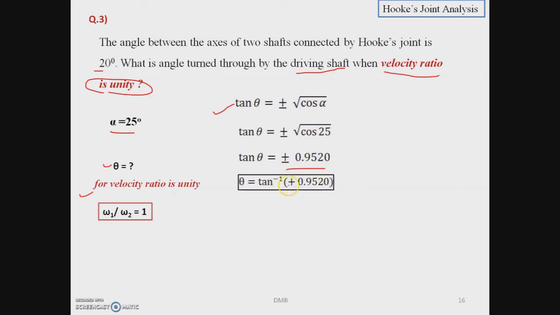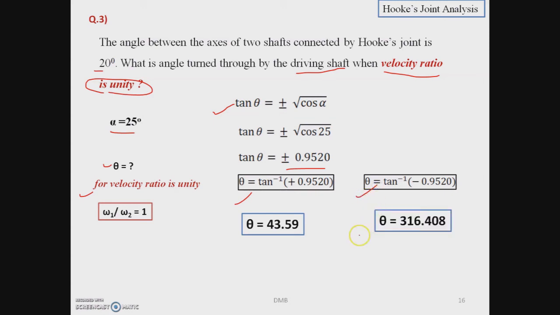So theta equals tan inverse of plus 0.9520 and theta equals tan inverse of minus 0.9520. By solving this, we get theta is 43.59 degrees, and by solving this, we get theta equals 316.408 degrees.